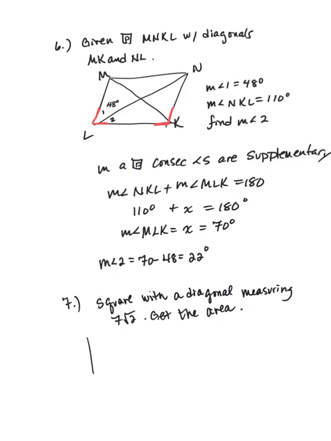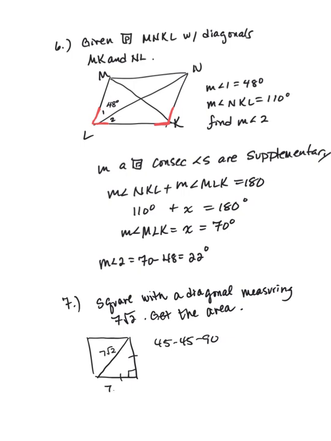So if you have a square and you have a diagonal that measures 7 rad 2, look at what you have hidden in this picture. A 45, 45, 90 right triangle. So if the diagonal is 7 rad 2, that's the hypotenuse.